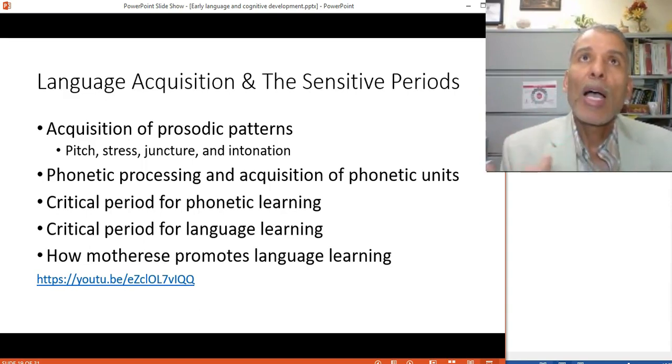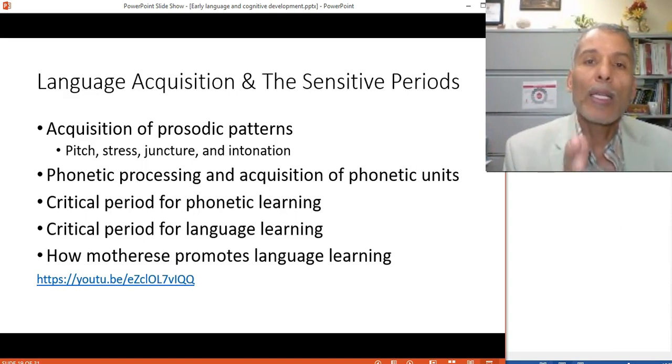If they come after age 15 or 16, after their physical maturation is completed, then most likely they will have an accent, even though they can speak the language fluently, but they will have a distinctive accent that could stay with them throughout their lives.